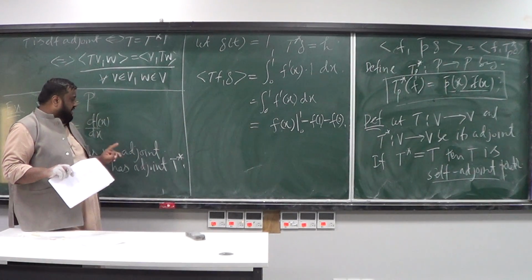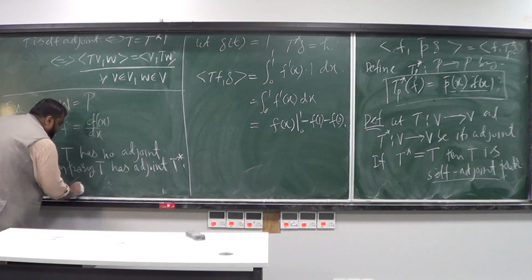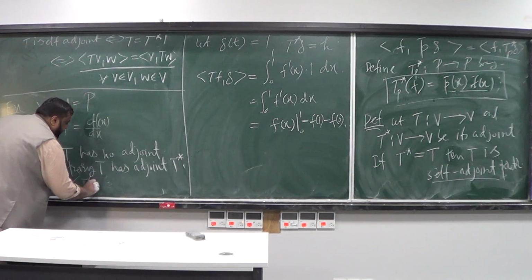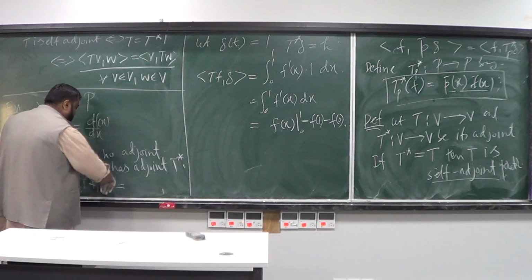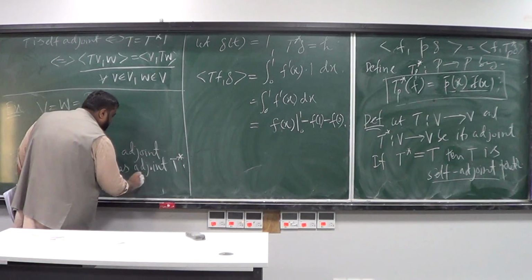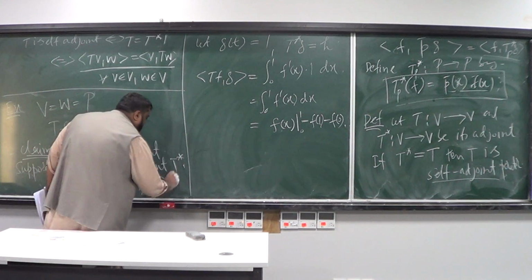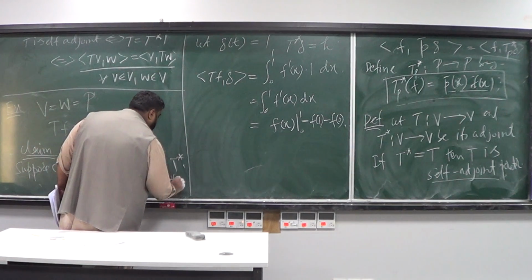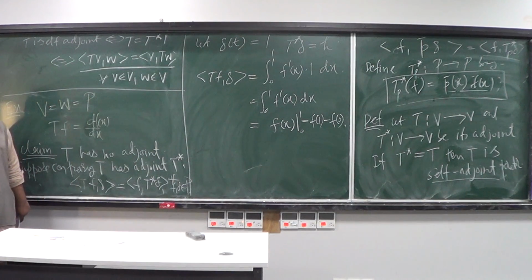If T star is really an adjoint, then this must be true: the inner product of Tf with g should be equal to the inner product of f with T star g, for all f and g from the space of polynomials.